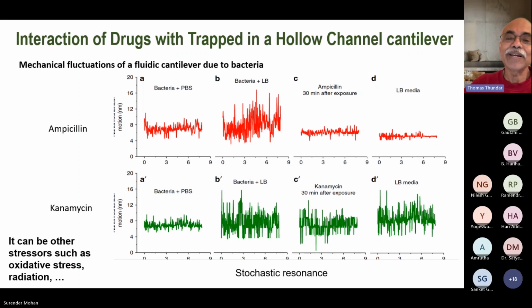Then you send the kanamycin, and unfortunately, the kanamycin doesn't do anything to this bacteria. It doesn't change anything. So when you send the sugar solution again, they come back to life. Next slide.